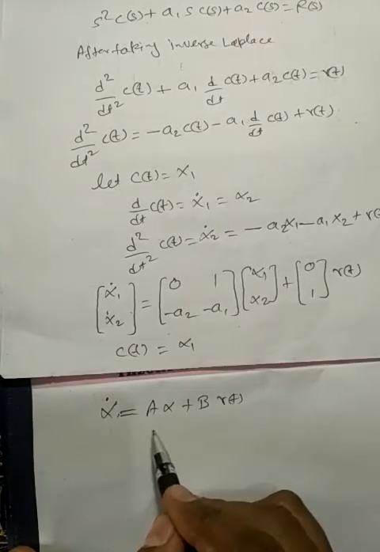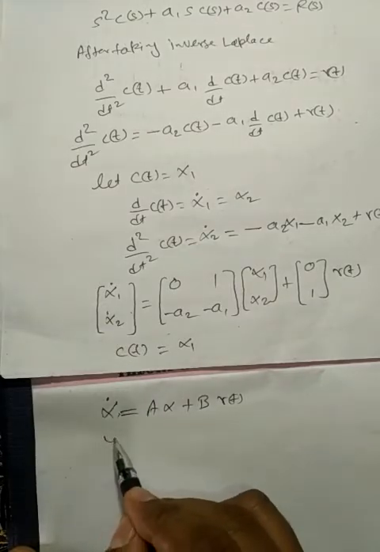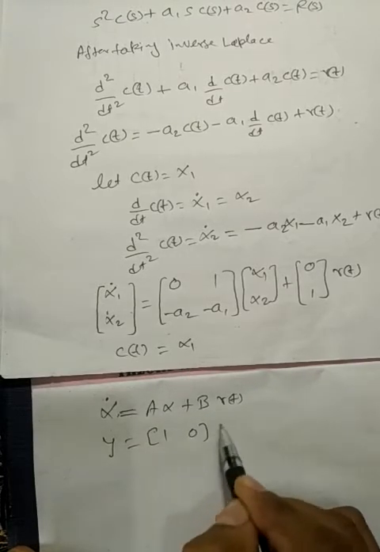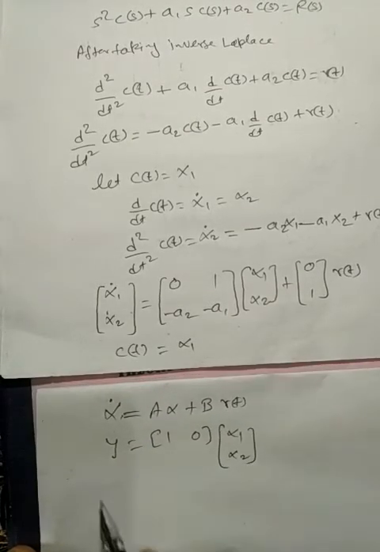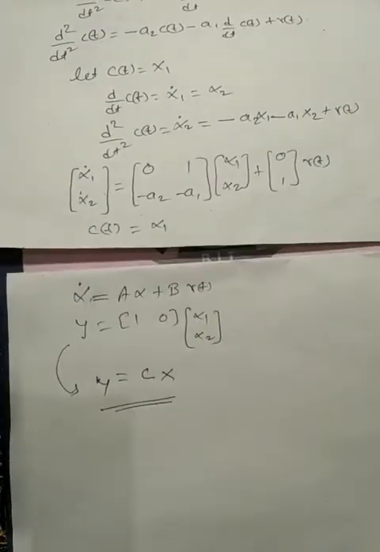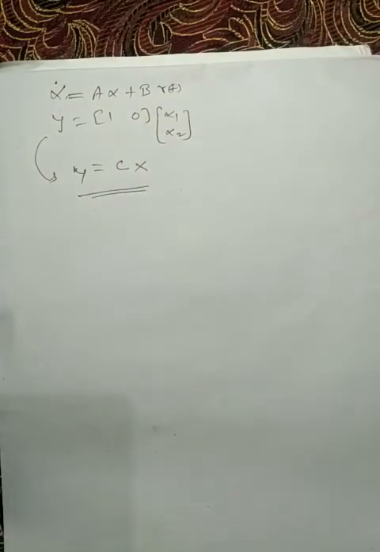Rt is basically the input, ut, and this ct is the output, y is equal to 1 0 x1 x2, which is y is equal to cx, right? So this is the form of the state model, and this way we can convert any transfer function into a state model or state equations, right?